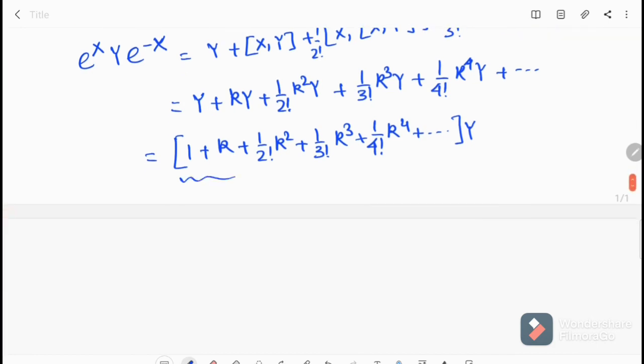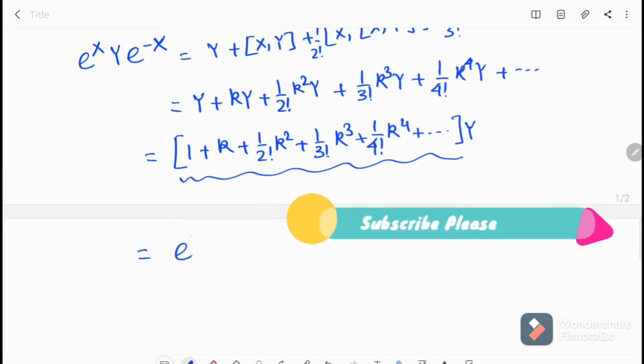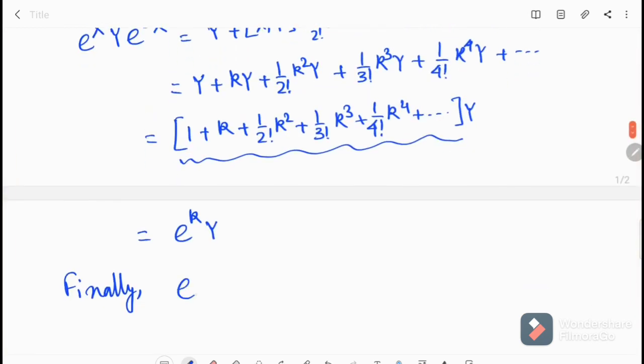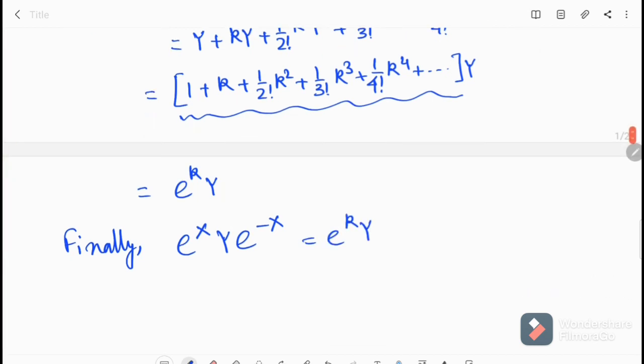Now look, this is e to the power k, so we can write it as e to the power k times y. So finally we are getting that e to the power x y e to the power minus x is equal to e to the power k y, which we were supposed to prove, and we have proved it successfully.